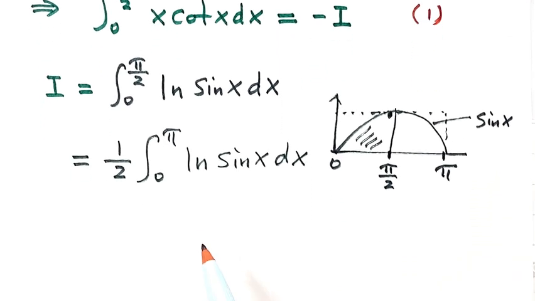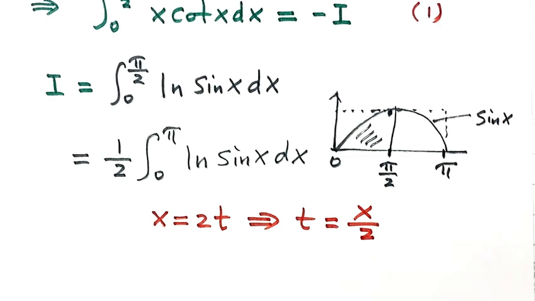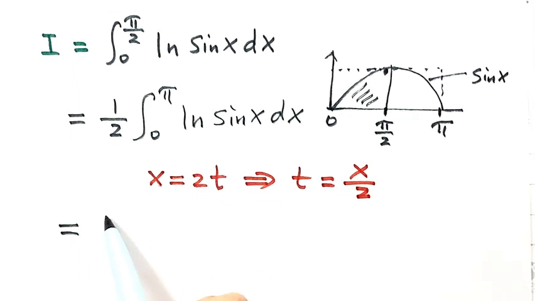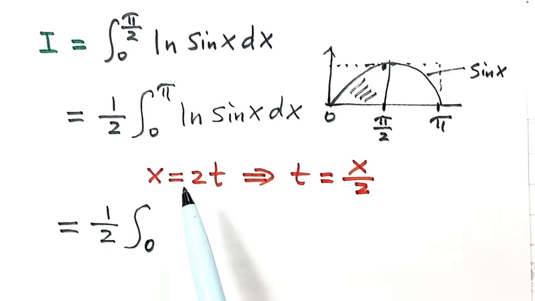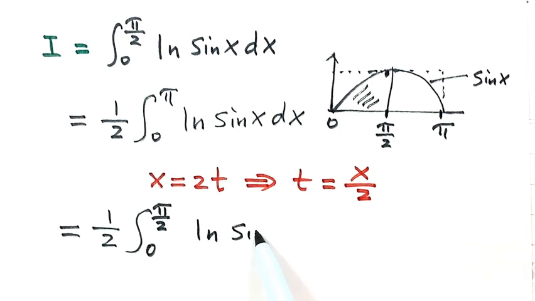Next, we're going to do a substitution. We define x equals 2t, then solve for t equals half of x. Now let's do the substitution. We have 1/2. For the bounds, when x is 0, t is 0, and when x is pi, t is half pi. Inside is log sine x, use 2t for x.